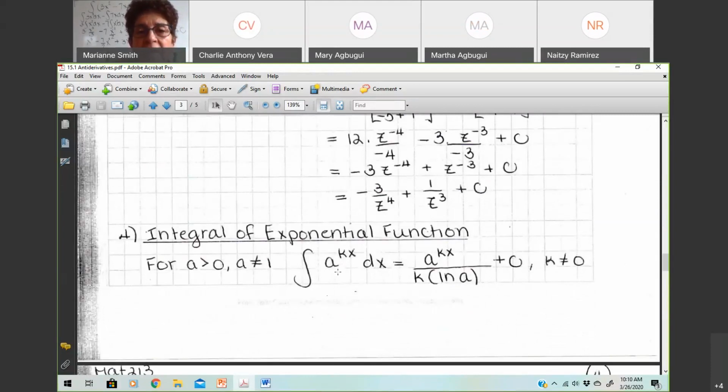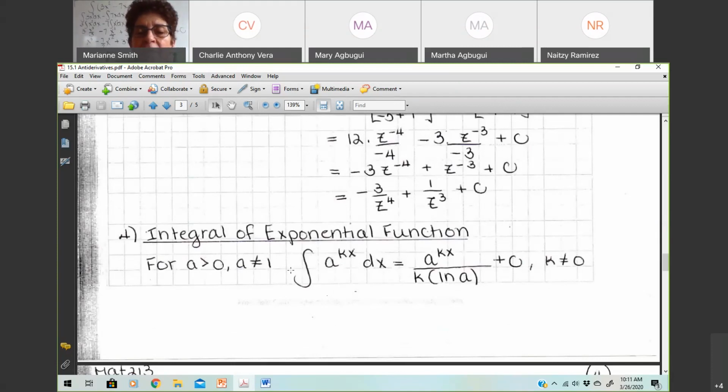It's called the natural exponential base. So a is greater than 0, and it's not equal to 1. Well, if a is 0, raising it to any power isn't going to do anything. You're still going to have 0. And if a is 1, nothing interesting happens because 1 to any power is still 1. So that's why we're excluding these bases.